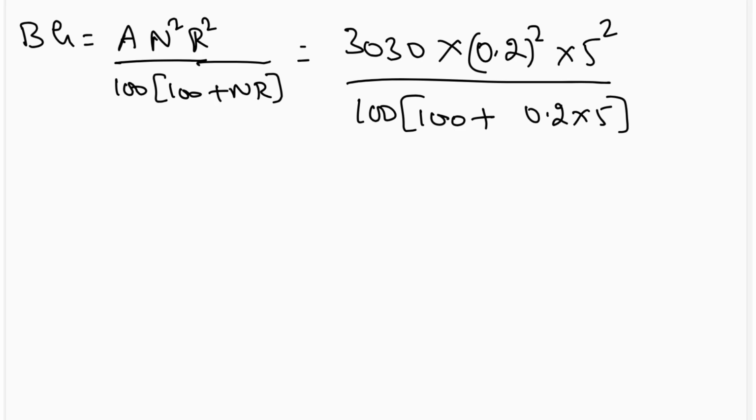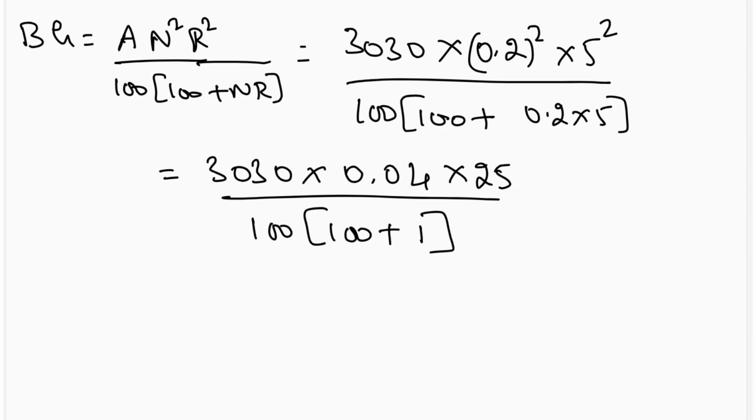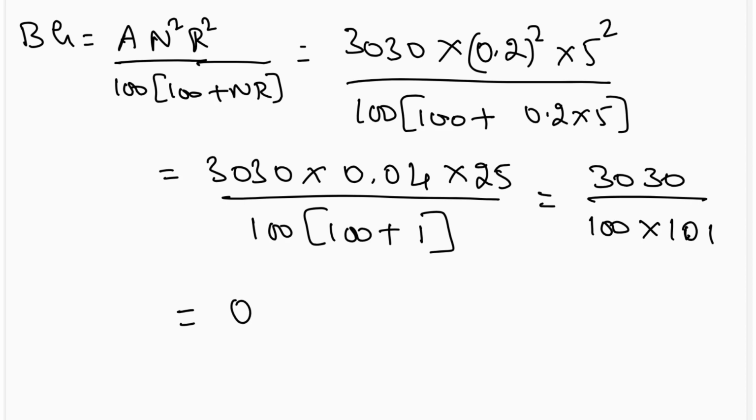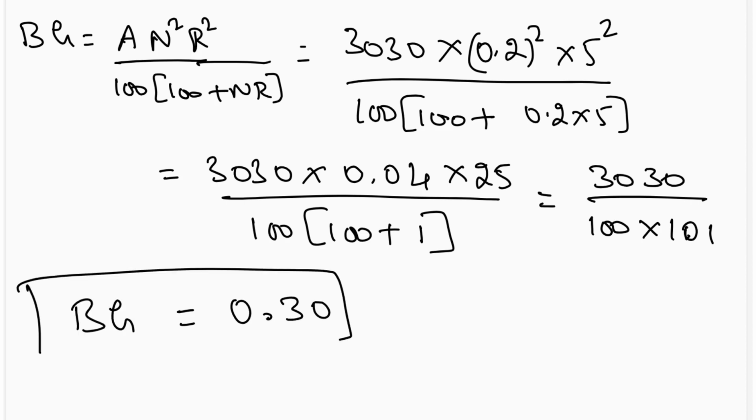Simplifying, 0.2 square is 0.04, 5 square is 25, so 0.04 into 25 is 1. So 3030 divided by 100 into 100 plus 1, which is 101. If you divide this, you will get 0.30. This is the banker gain.